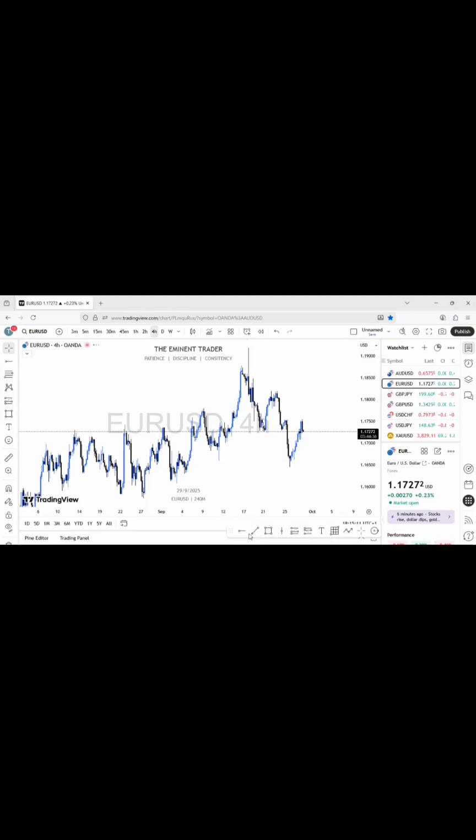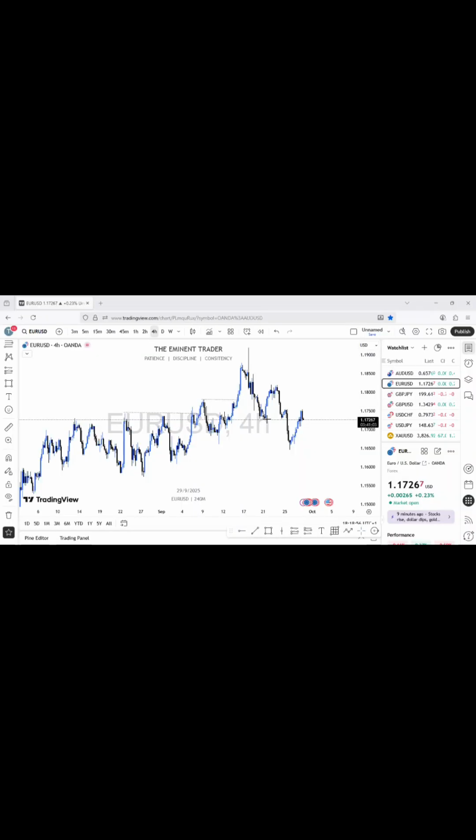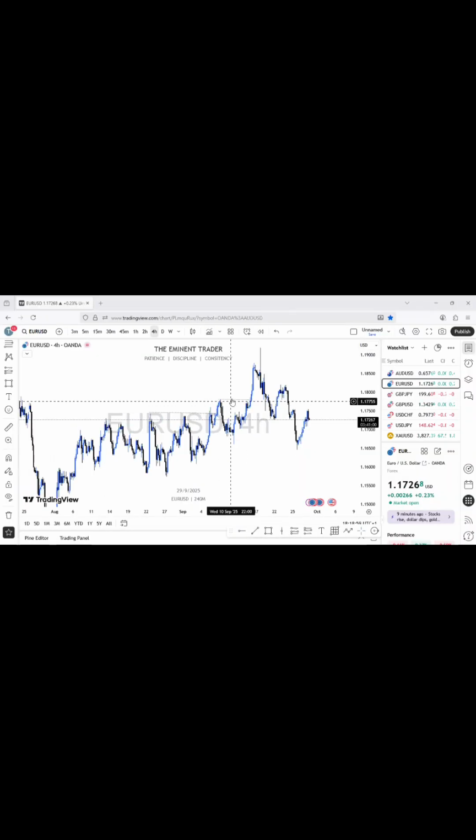Look at it like this. The nearest area, this is a break of structure. So this is a break of structure.